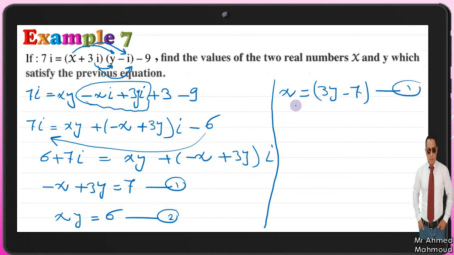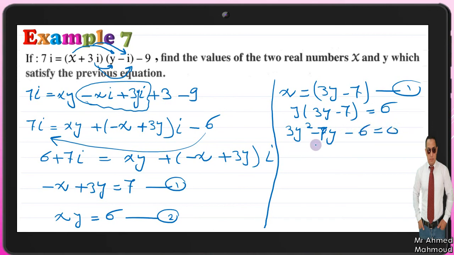By substituting from the first in the second equation, y times 3y minus 7 equals 6. Distribute y, then 3y power of 2 minus 7y minus 6 equals 0.